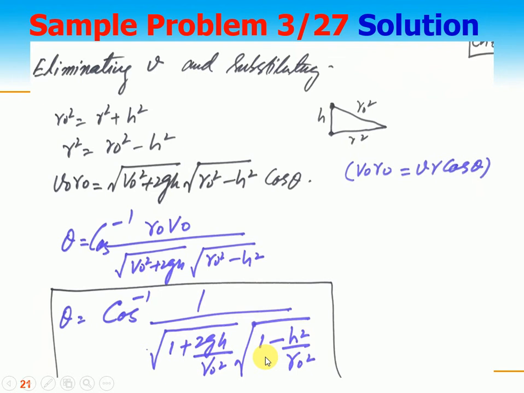Then I divide by r naught square, 1 minus h square over r naught square, and r naught cancels out. So you can find the angle theta. G is constant, so if I know v naught, h and r naught, I can find the angle it makes with the horizontal.